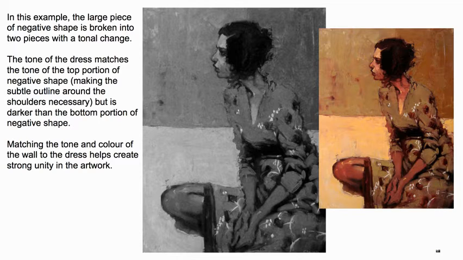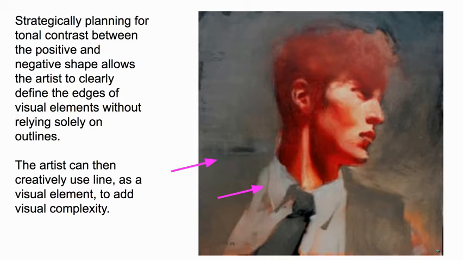And so that outline around her shoulder is actually necessary. And that's on purpose. Once you understand how value works, you can then start to use that other element of art, line, in creative ways, like we see in this painting.